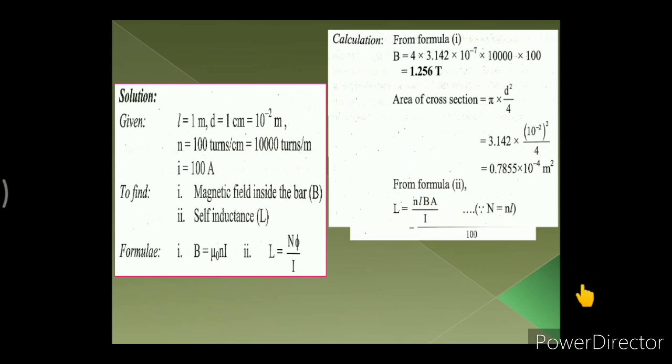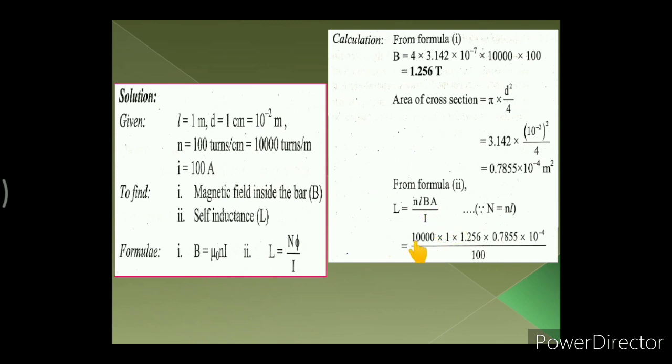Then substitute the values, as n is 10,000 turns per meter, value of l is 1 meter, B we have calculated as 1.256 Tesla, area we had determined as 0.7855 into 10 raised to minus 4 meter square, and value of I we are having as 100. So here we have to substitute the values of n, l, B, A upon I, and we have to calculate this ratio, and we are getting the value of L as 0.98 into 10 raised to minus 2.